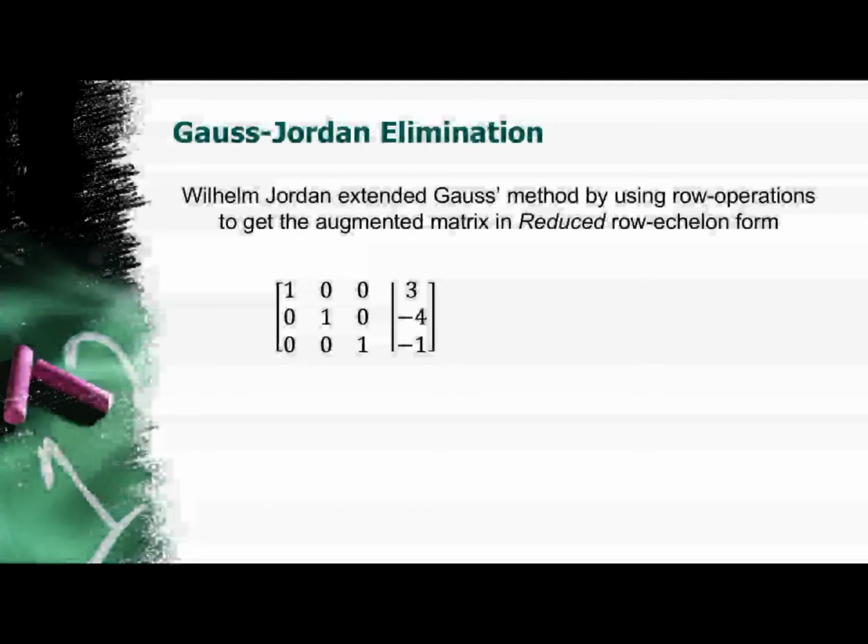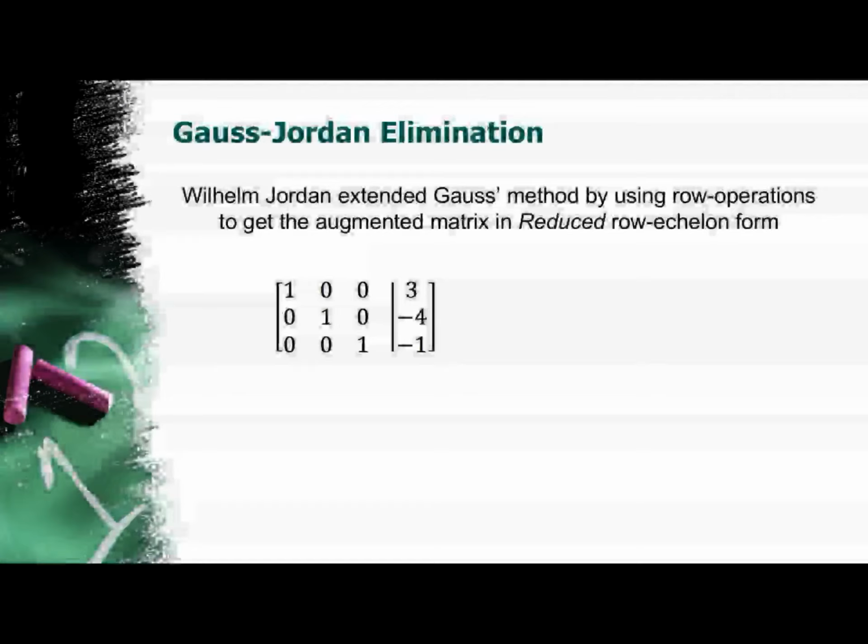Now, there was a guy, Wilhelm Jordan, who kind of extended Gauss's method and went just a little bit further, and we would use row operations to get all the way to reduced row echelon form. So in reduced row echelon form, this is not our same problem, this is a different problem.